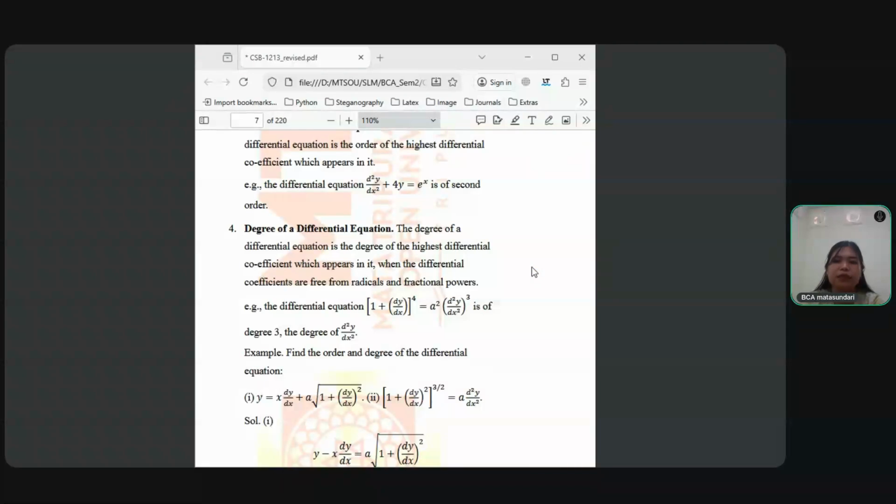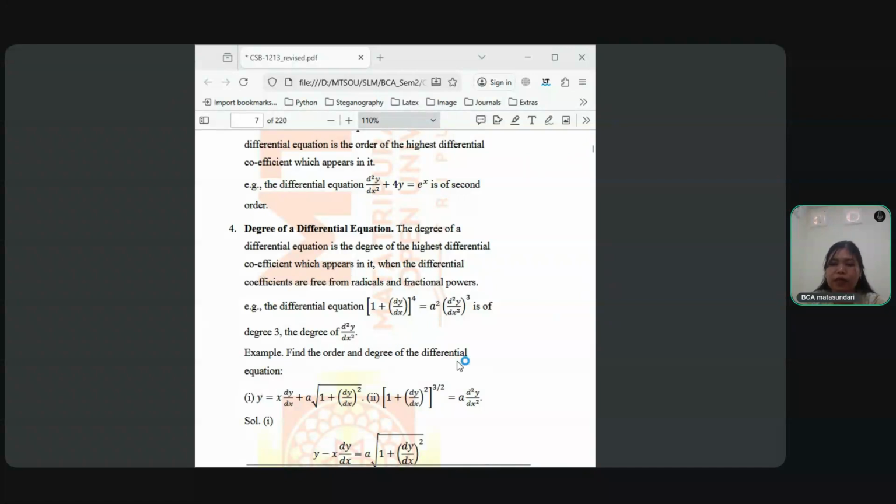The example given here is [1 + (dy/dx)²]³ = a² (d²y/dx²)^... which is of degree 3, the degree of d²y/dx².